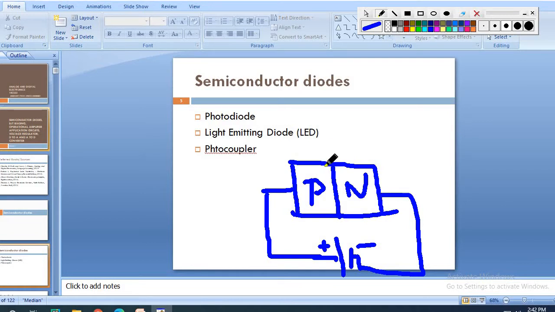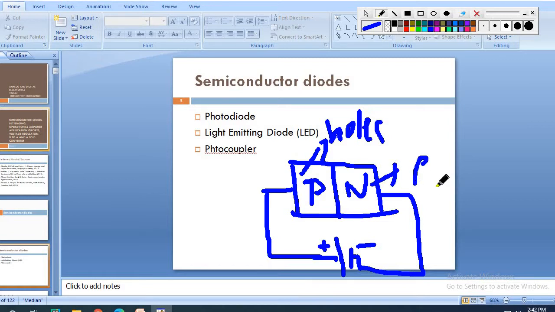This is P type semiconductor, this is N type semiconductor. This consists of holes, and this consists of electrons.